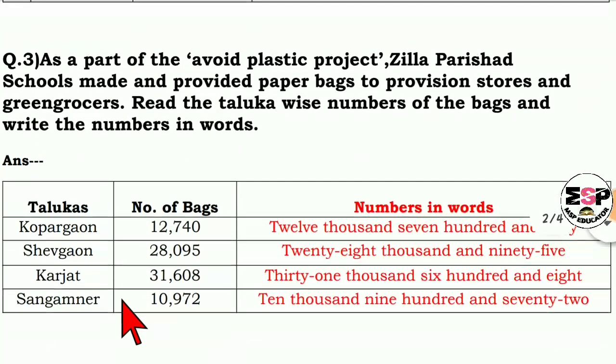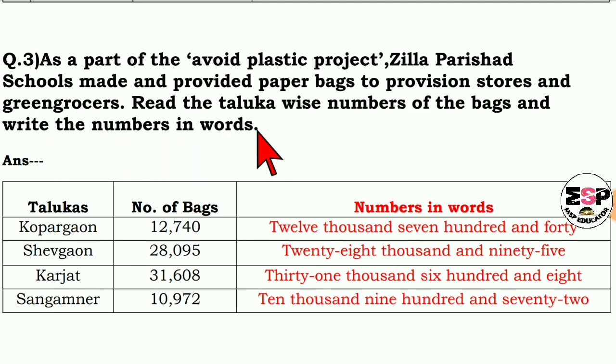Now see question number 3. As a part of the Avoid Plastic project, Jilla Parishad schools made and provided paper bags to provision stores and green grocers. Read the taluka wise numbers of the bags and write the numbers in words.